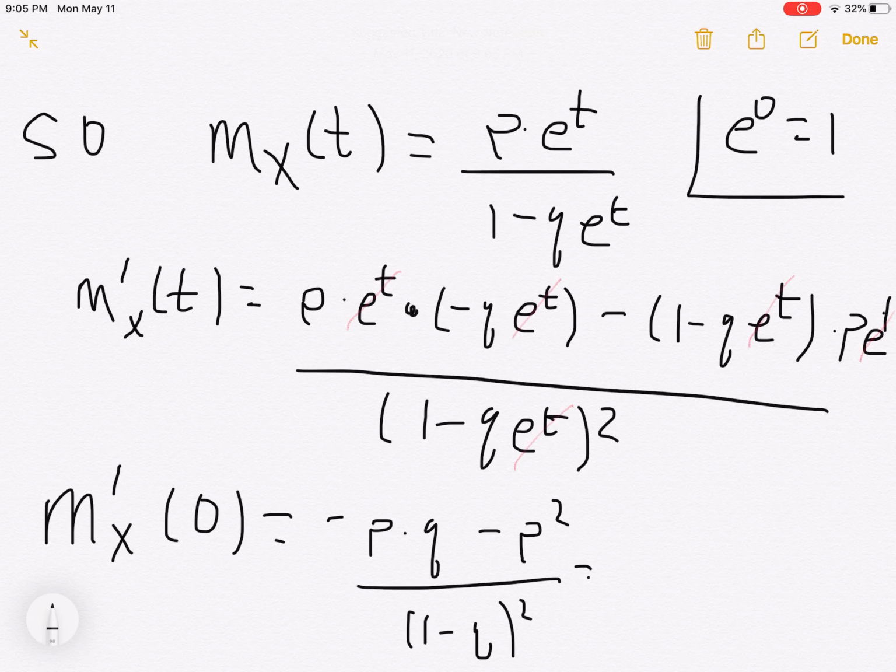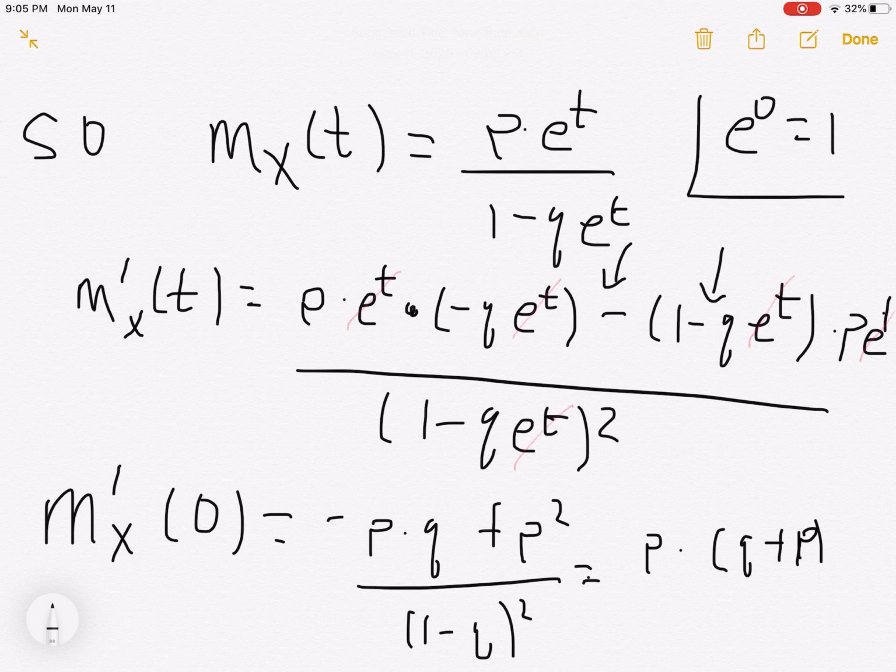In the top, we can factor out a P, so this will be P times Q plus P. And remember, there's one mistake that I made here, which is that this is a negative and this is a negative, so that makes that a plus.